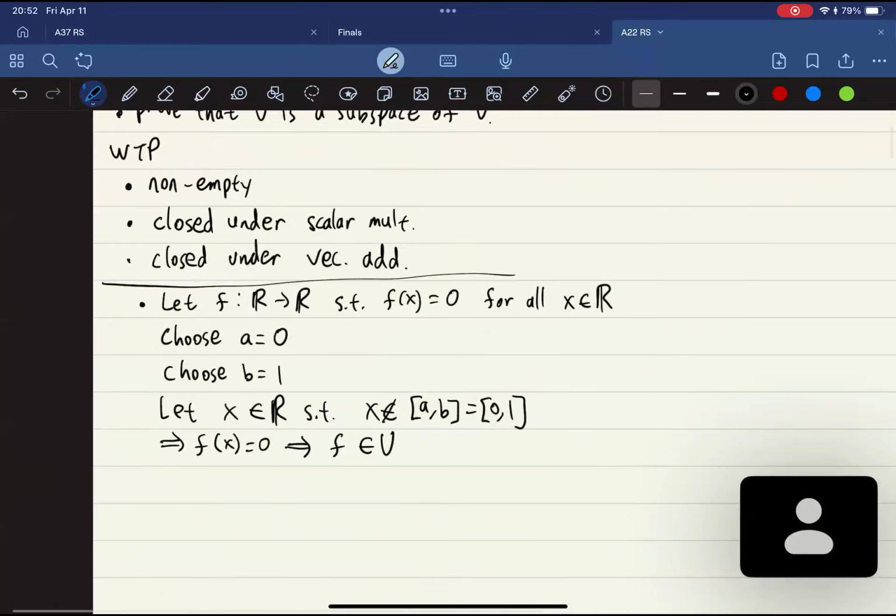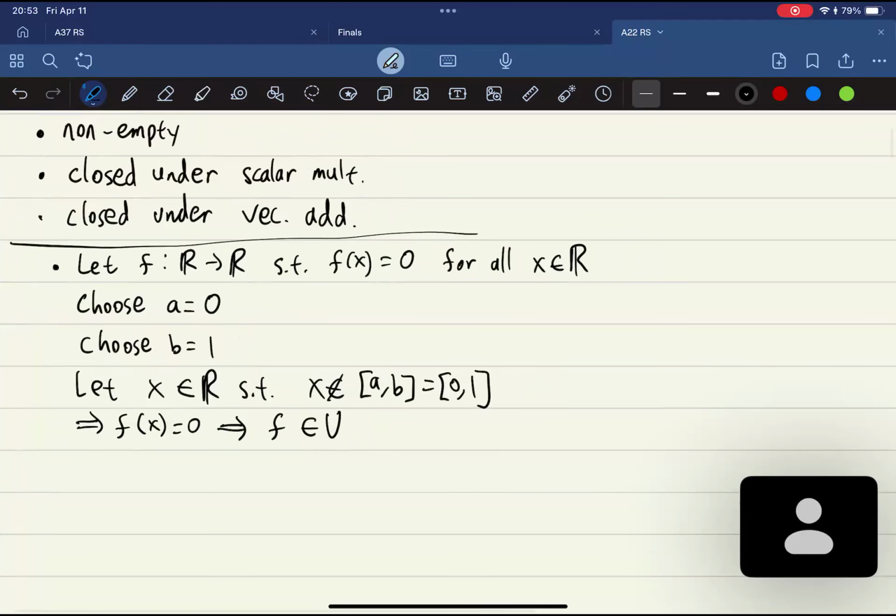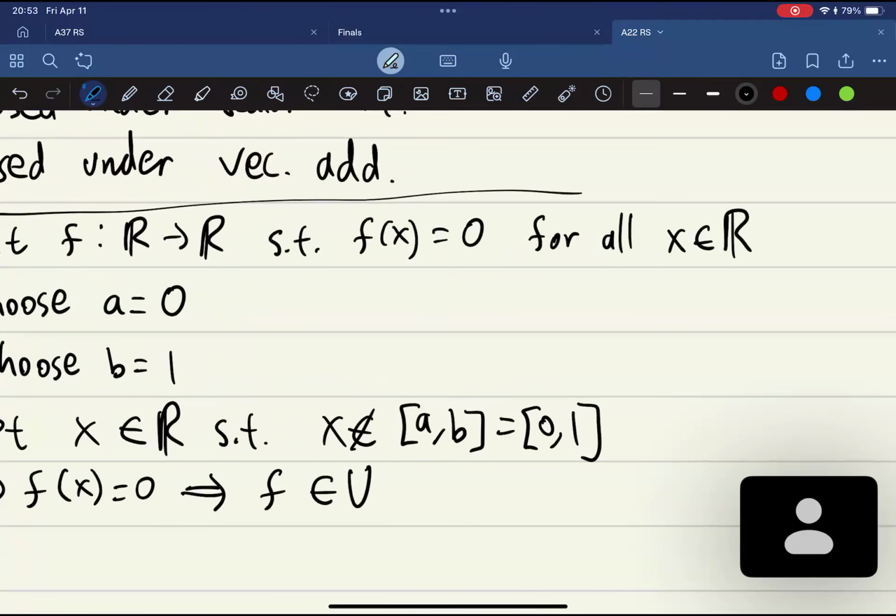So since f here is just the constant function 0, we can pick any closed interval, and anything will work because everything is 0 anyways. Any other questions? What about the function? Here's the function that we chose. Yeah. Okay.